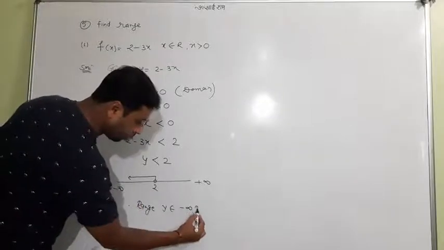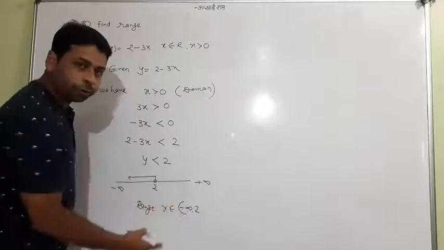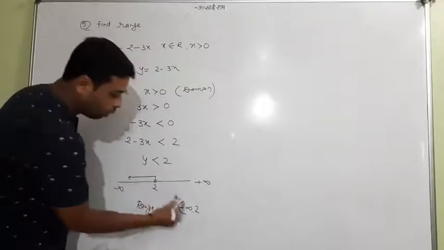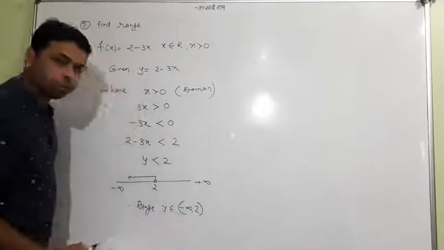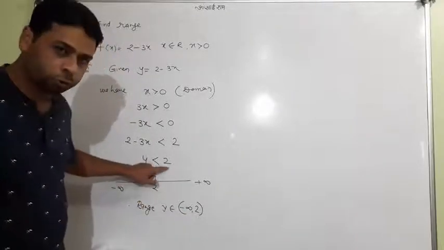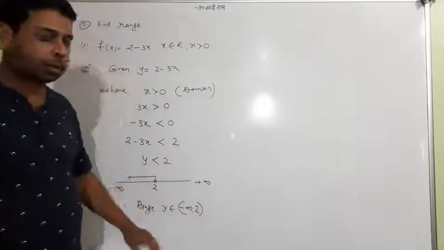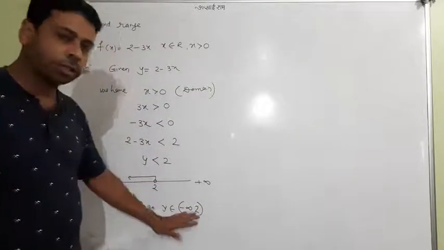Next to infinity it is always an open bracket, and with the 2 it is again an open interval, because it is an open bubble, since y is not equal to 2. When y is supposed to equal 2, we have to use the closed bracket. So this is the procedure, and this is the range.